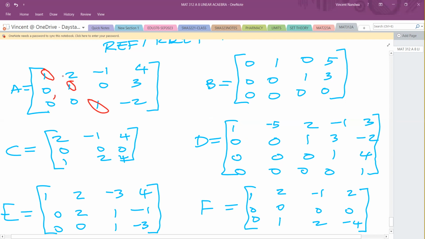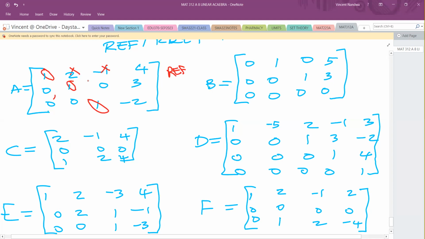Every row is a non-zero row, so there are no zero rows. And we have leading ones such that the upper row's leading one is to the left of the leading one of the lower rows, for all three consecutive rows, okay? So this is in row echelon form. Can we say it is in reduced row echelon form? It is not, because of this 2 and this -1, okay?